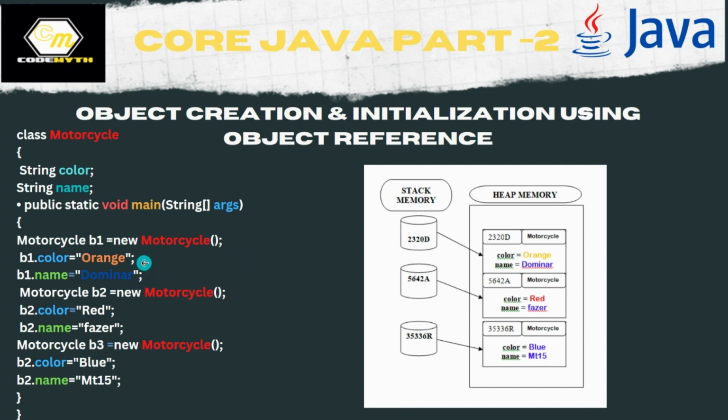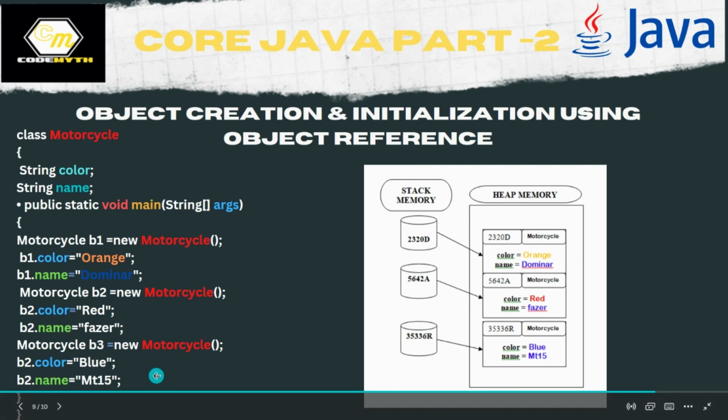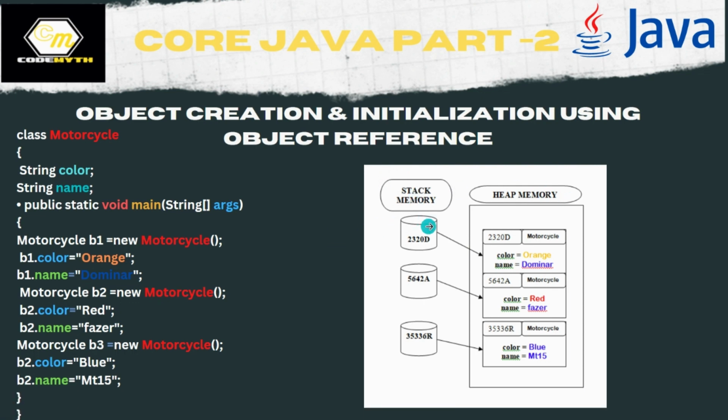We are passing the name as Dominar and color as orange, and in the second one color as red and name as Pulsar, and in the third one color as blue and name as MT15. So here you can see we have stack memory and heap memory. Here we have three different motorcycles with their color and name. With this object address and this object reference, we have color as orange and name as Dominar. Like that, the object reference will work for object creation and initialization.